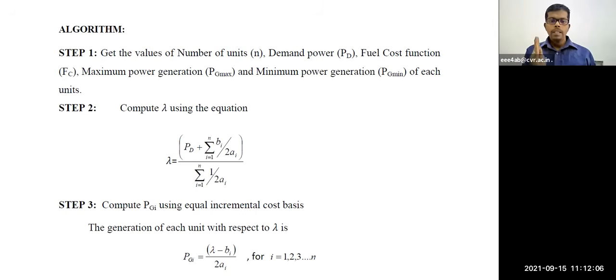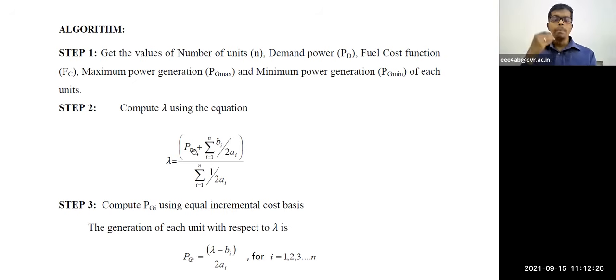Whichever unit does not satisfy, that alone is fixed, and while calculating the new lambda value you need to neglect that first generating unit. Why? Because we already calculated the PD new value over here, so no need to add it again.